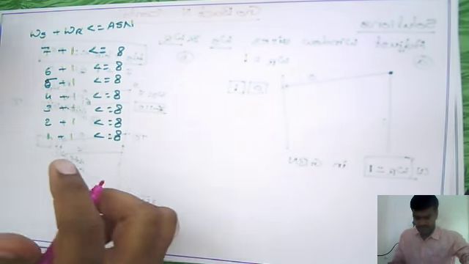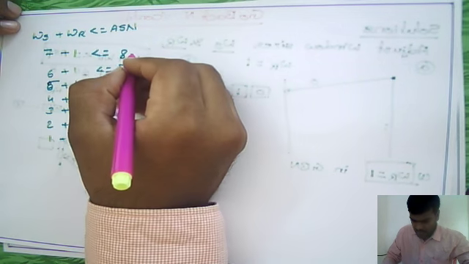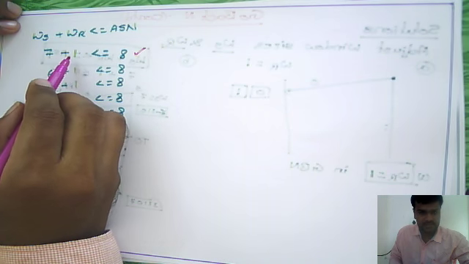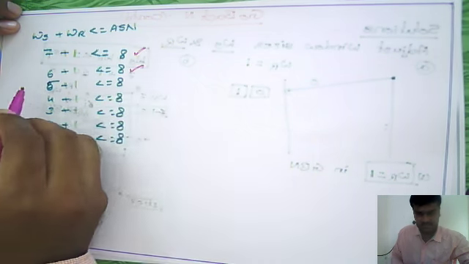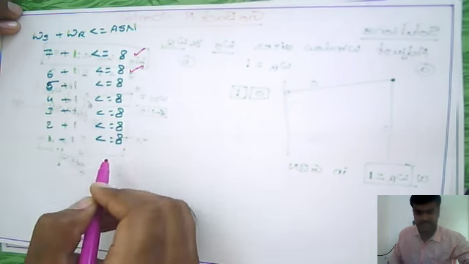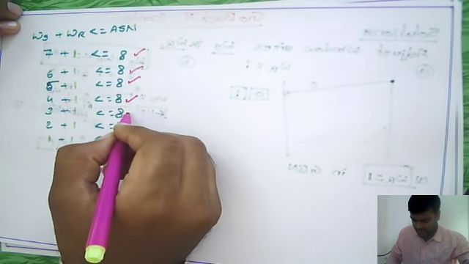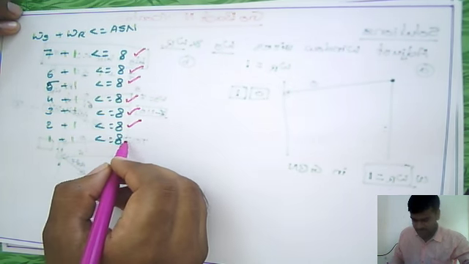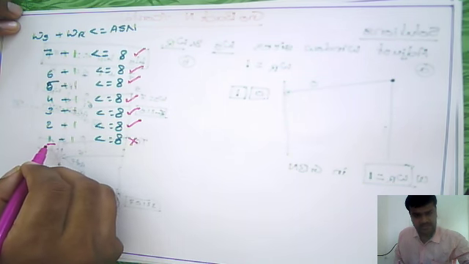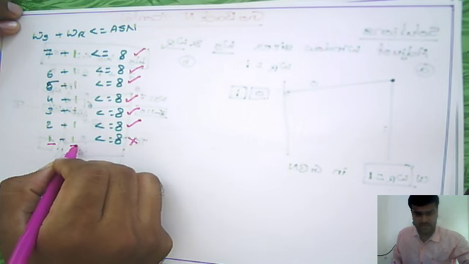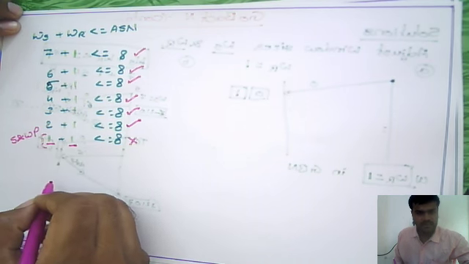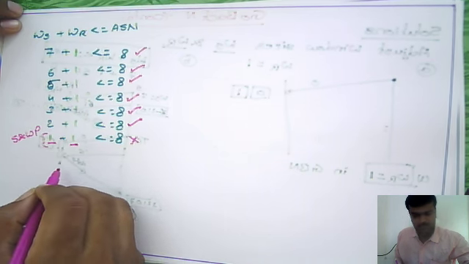One thing we have to observe is we can select window size of sender as 7 and window size of receiver as 1, and also sender as 6 and receiver as 1, because all are satisfying. But we should not take sender 1 and receiver 1, because that is nothing but the stop and wait protocol.